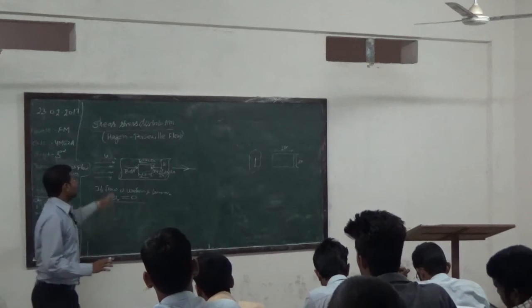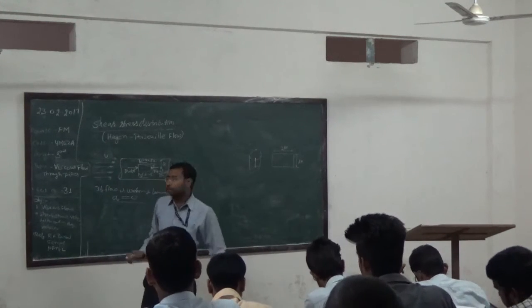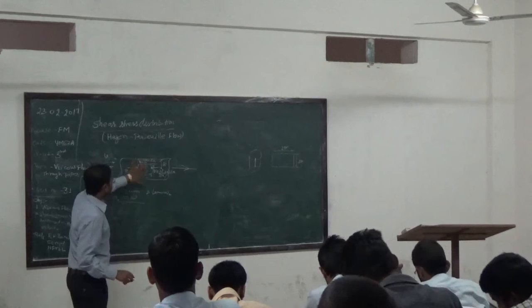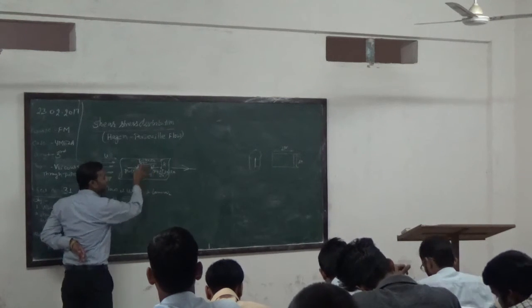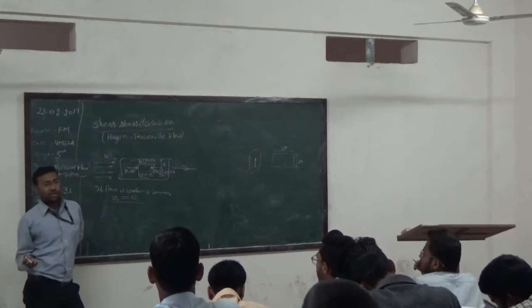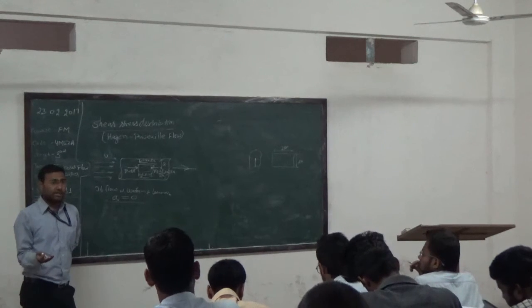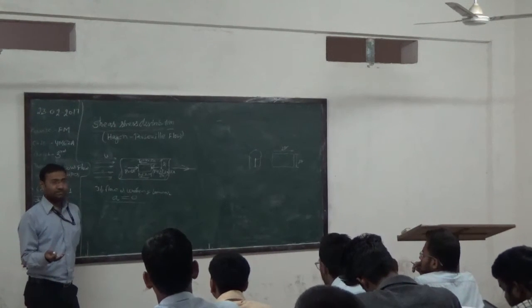Okay? So now I am writing the equation of motion here. The equation of motion will be that these three forces must be equal to the mass times acceleration, as per Newton's second law of motion.